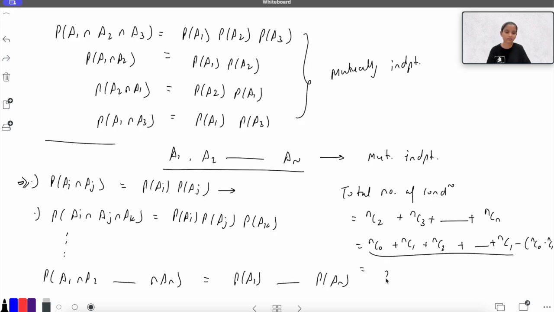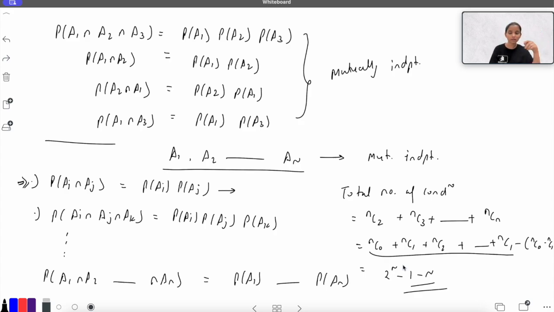So I can say that this is 2 raised to the power n, like (1 plus 1) to the power n, minus 1 minus n. So these are the total number of conditions that we need to check if you are having n events or any number of events. If you are having 3 events, you can just put the value of n equal to 3, then you will get your result.